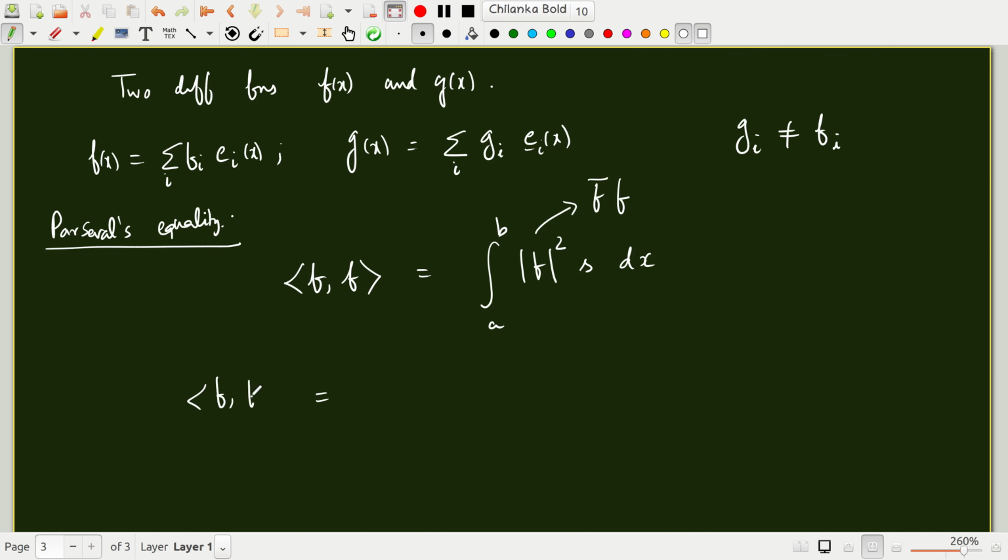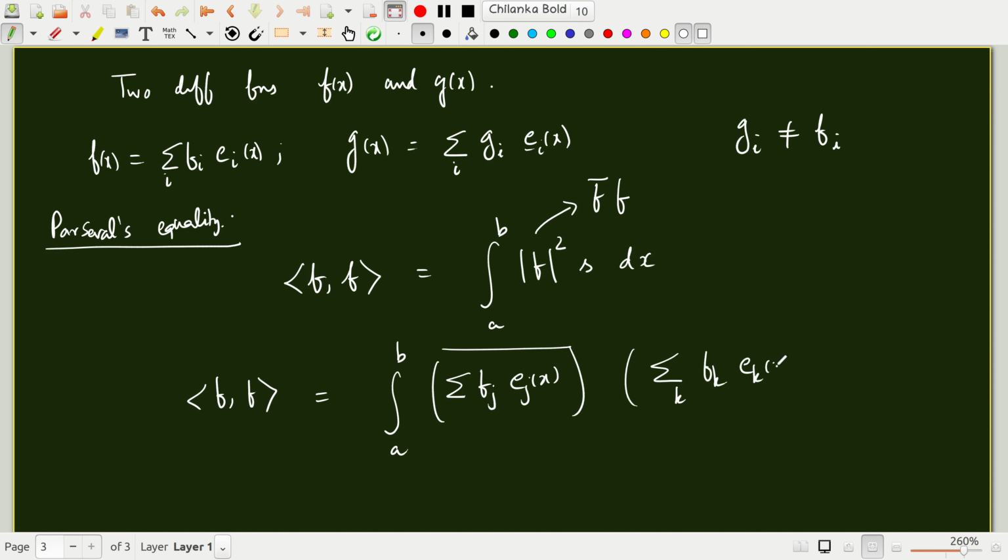So now I can expand this, writing f bar as the sum over j of f_j e_j of x, whole bar, times the sum over k of f_k e_k of x, times s of x dx.